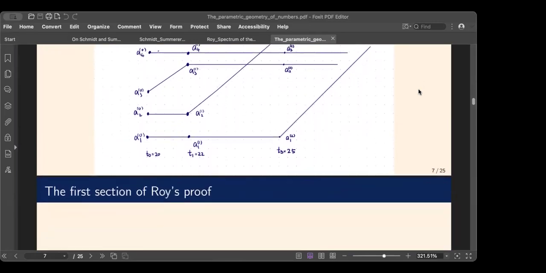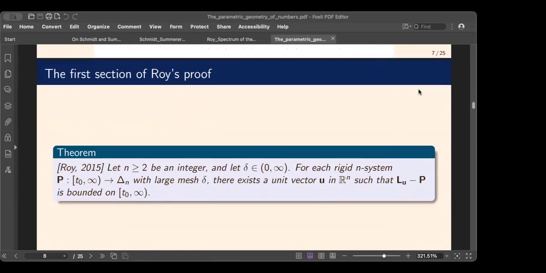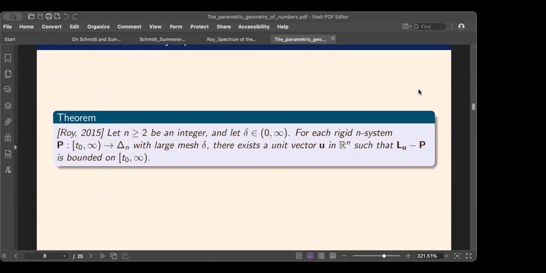And I think in Roy's paper there are two parts. In the first section, Roy established the following theorem: for a given rigid system with large mesh delta, which we defined before, there will exist a unique vector U such that the map defined by L_U is at bounded difference with the rigid n-system.